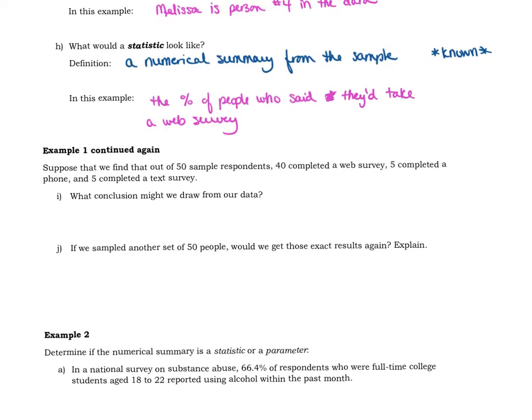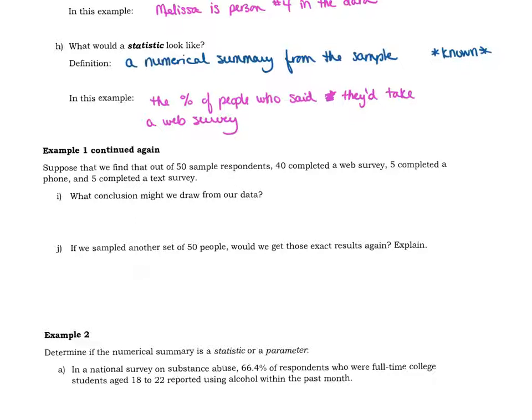All right. And last but not least here for example number 1. We find out of 50 respondents, 40 completed a web survey, 5 completed a phone survey, and 5 completed a paper survey. What conclusion might we draw from the data? Anything you could come up with. You might say, it looks like most people would be willing to take a web survey. That's a conclusion.